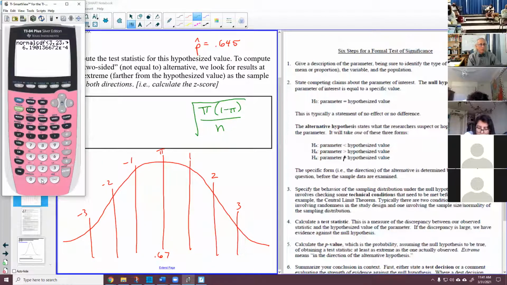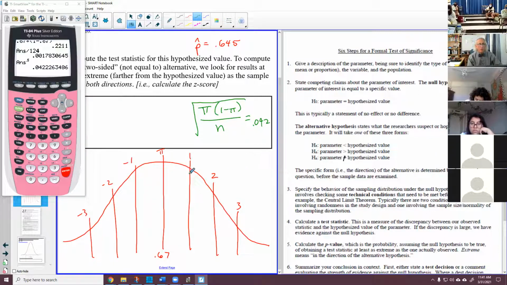So I'm going to go 0.67 times 1 minus 0.67. I'm going to divide that by n, which is 124 samples. I'm going to take the square root. And I find out my standard deviation is, let's call this 0.042.